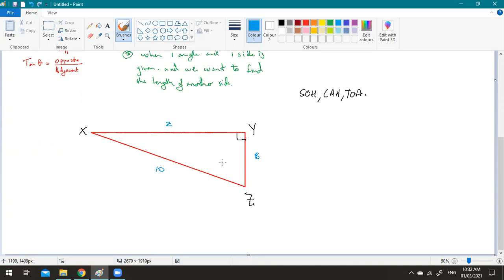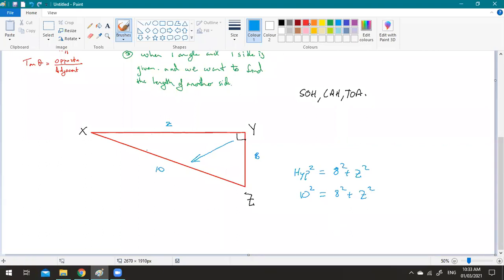Actually, 10 squared is equal to 8 squared plus Z squared, because this is the hypotenuse. Remember, hypotenuse squared is equal to the sum of the other two sides squared. So the hypotenuse is 10, 8 squared plus Z squared.